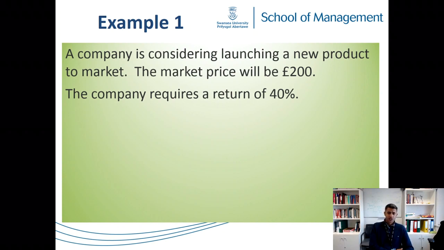So 200 multiplied by 40% would be the required profit. The question asks you to calculate the target cost. If we know the required return, you just take it away from the selling price in order to achieve the target cost.